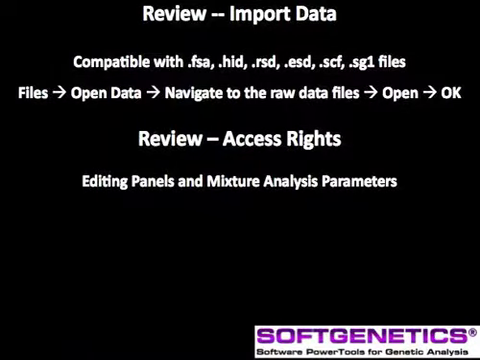As a brief review from the introductory GeneMarker HID webinar, GeneMarker HID accepts files from all major capillary electrophoresis instruments, including FSA, HID, RSD, SCF, and SG1 formats. For mixture analysis, it is generally necessary to make the parameters more sensitive to call minor contributor peaks.